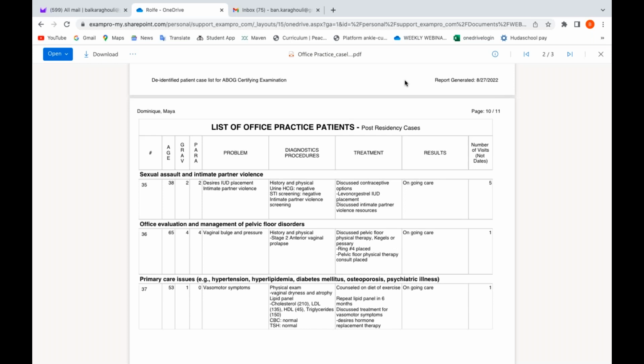You have no prolapse at all. Stage 1 is your leading edge is, yes, greater than -1. Stage 2 is going to be between -1 and +1. Stage 3 is going to be greater than -1, however, less than the total vaginal length -2. And stage 4 will be the total vaginal length -2.